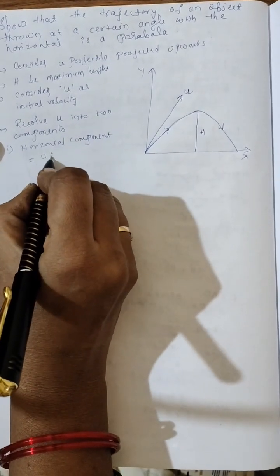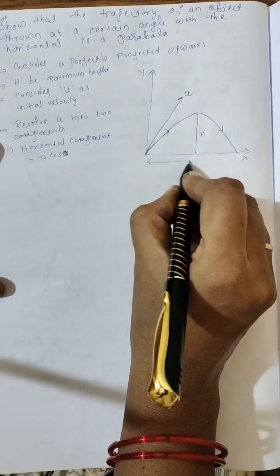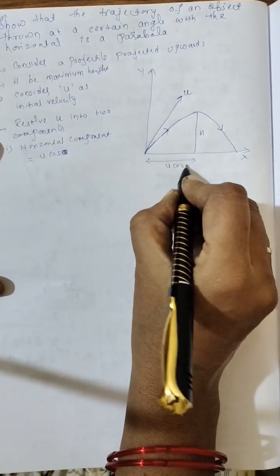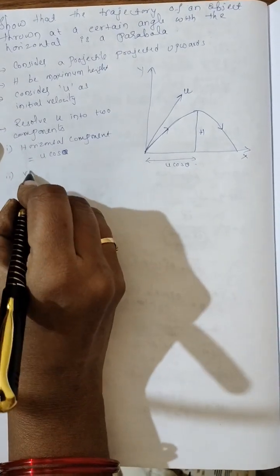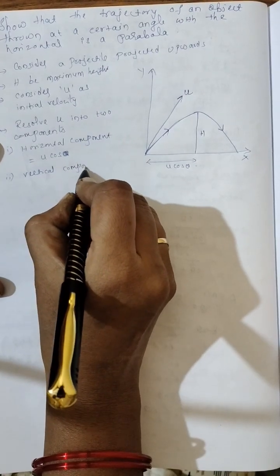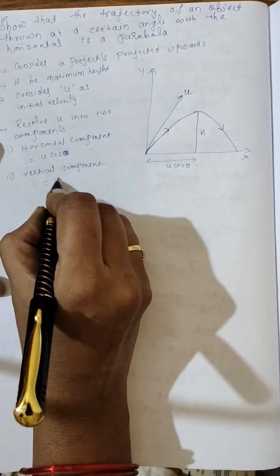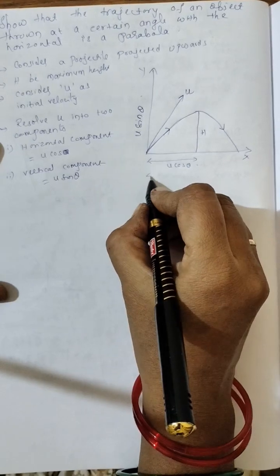What will we write? u cos theta along the x-axis. Next, the vertical component, u sin theta along the y-axis.